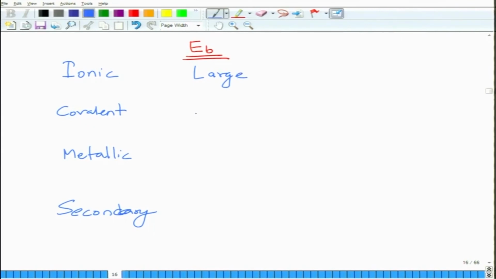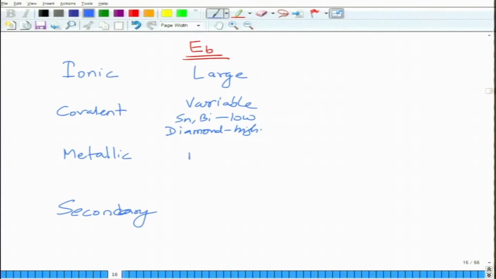E_B for covalent bonding is variable, because for something like bismuth or tin it can be low, but for diamond it is high. For ionic bond it is typically large, but there are some compounds like NaCl for which it is not very high.